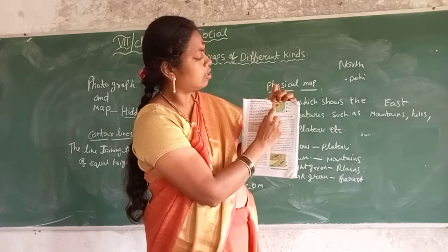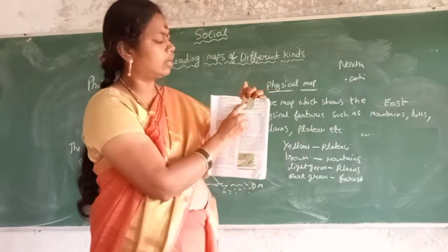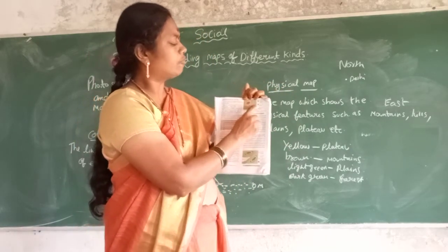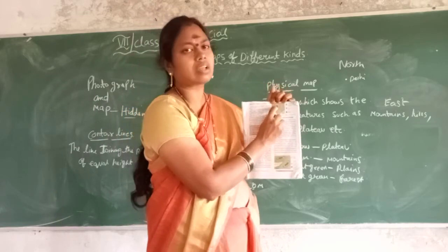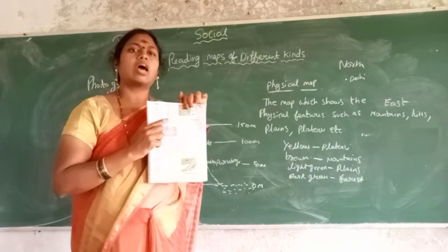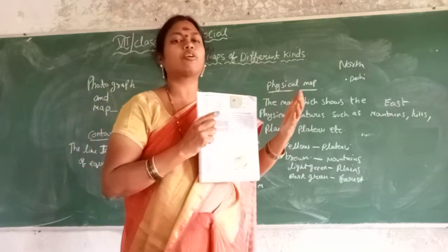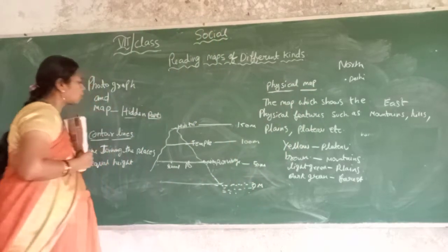And the places colored with dark brown shade come under 101 to 150 meters height. So in this way, with the help of colors also, you can easily show the height of places.